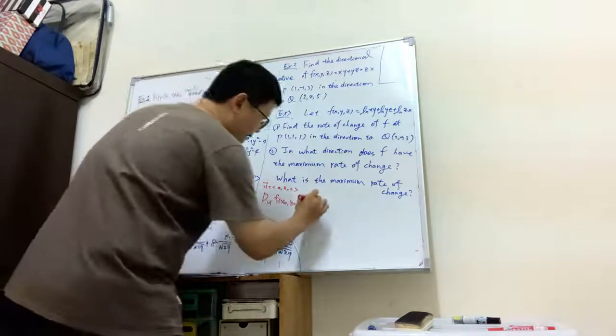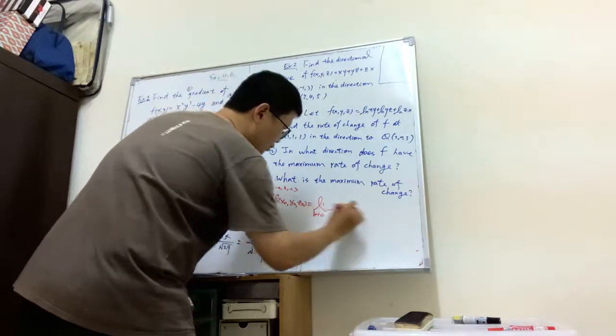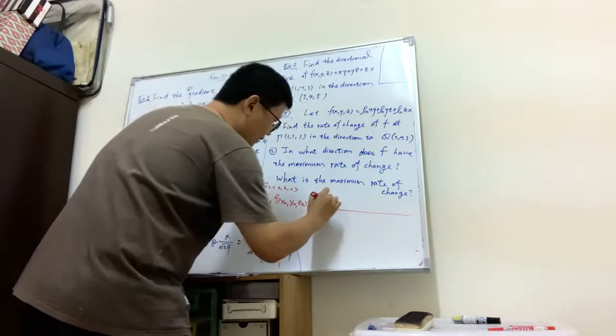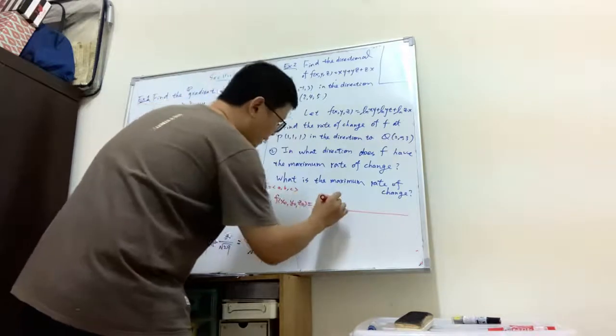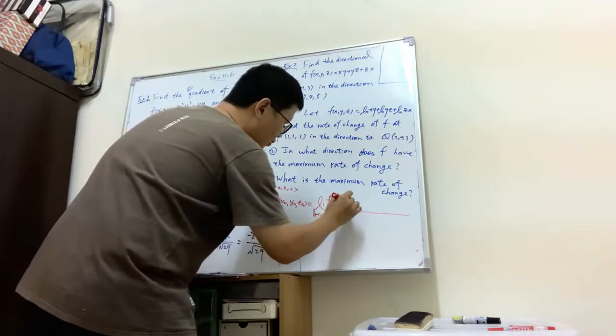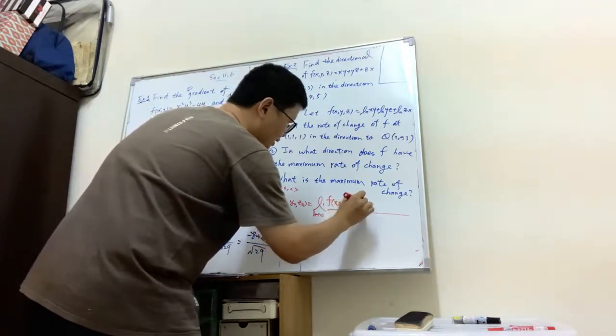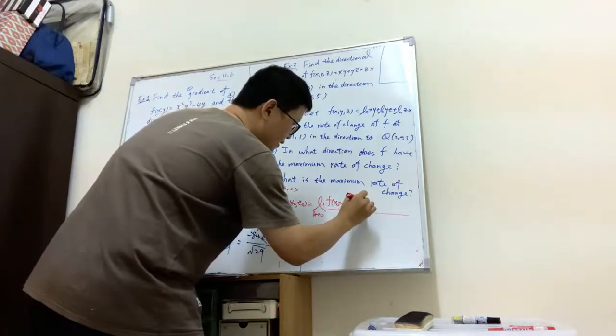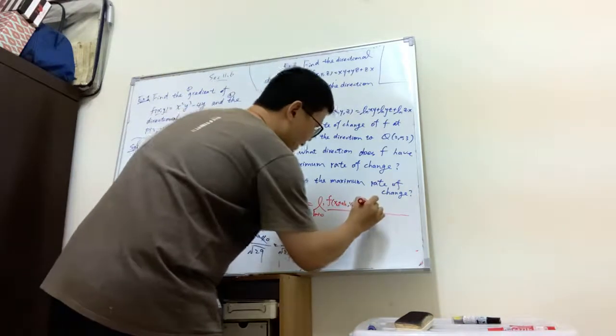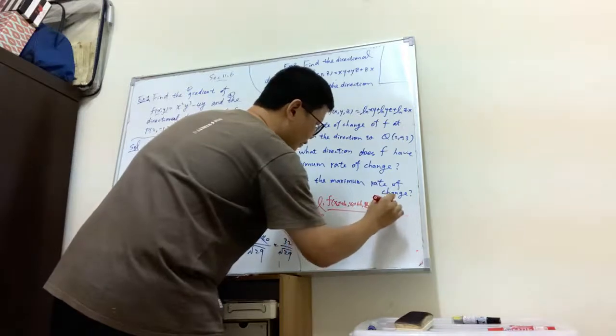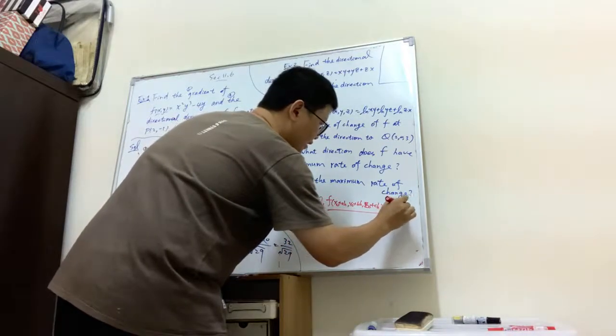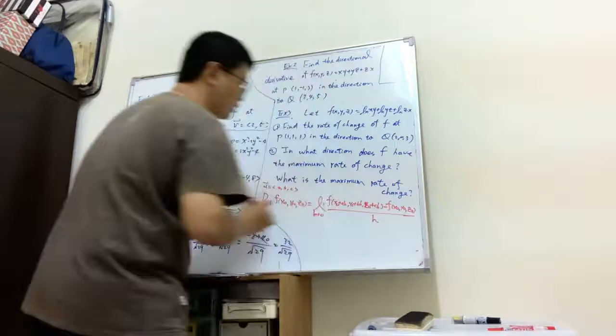And we still can define the directional derivative of f at (x0, y0, z0) in this way. The definition is similar: f(x0 plus ah, y0 plus bh, z0 plus ch) subtract f(x0, y0, z0), divided by h.